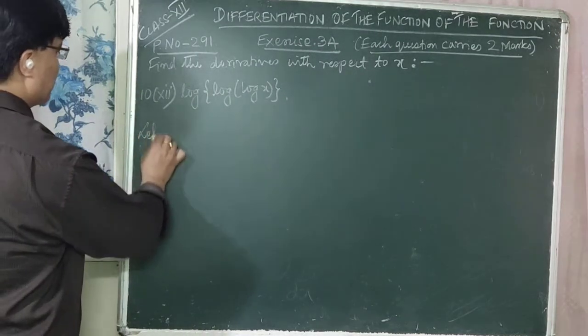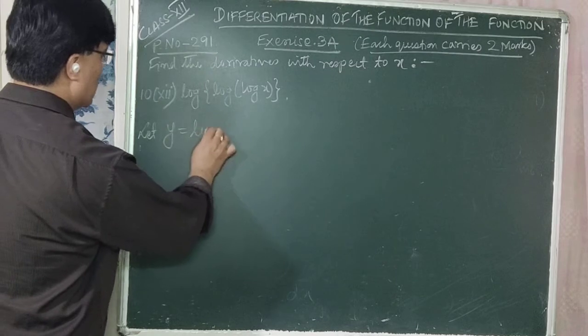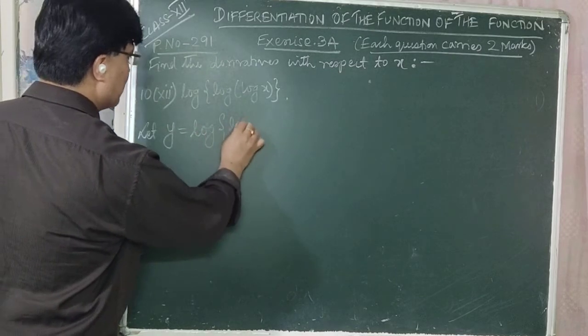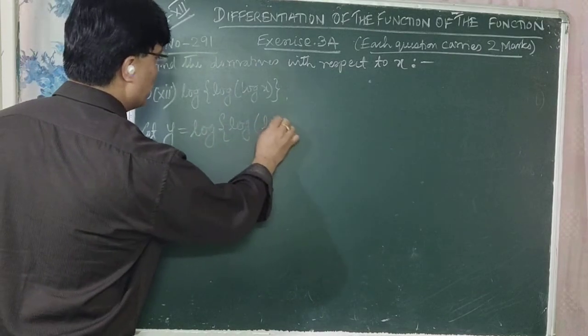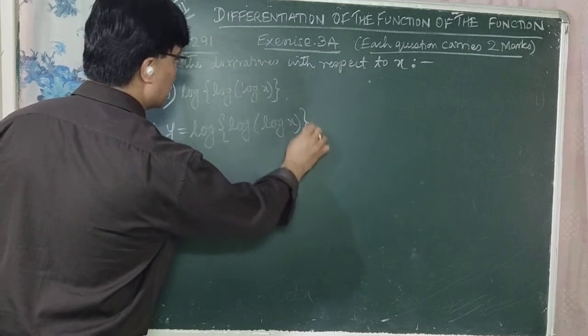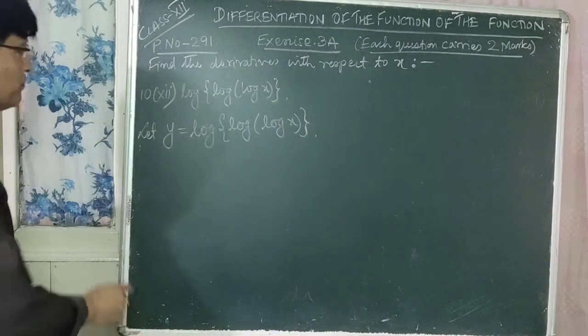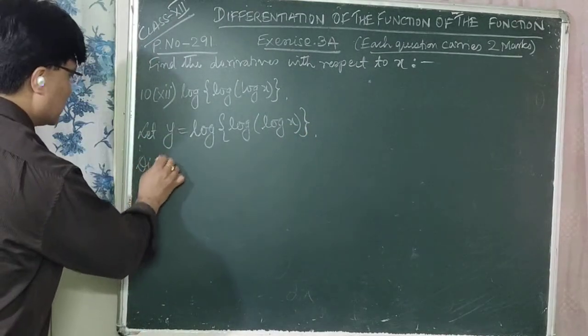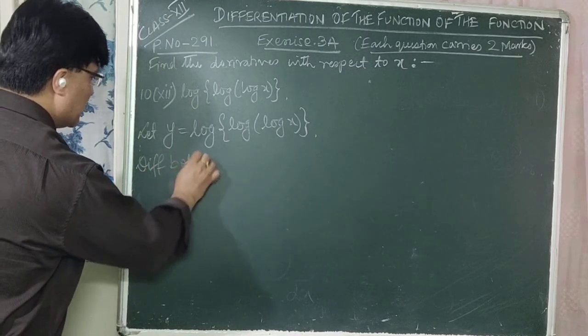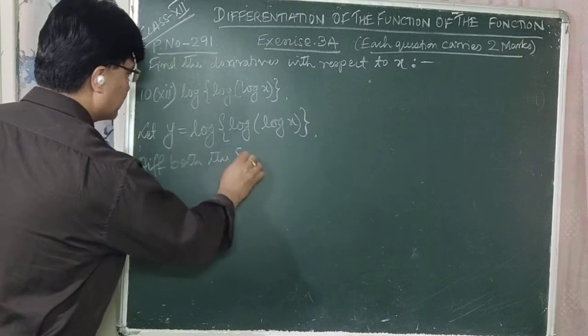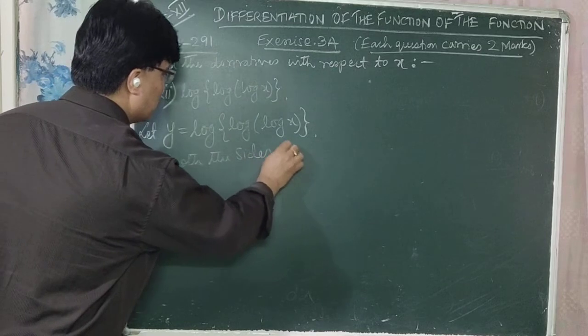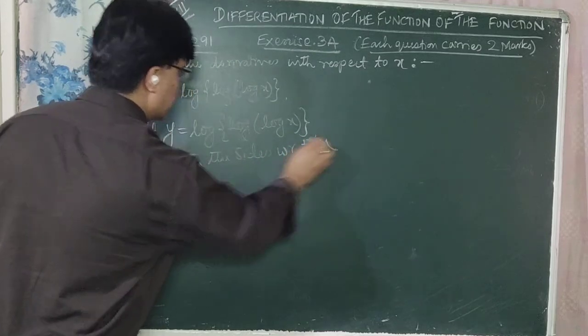So let y is equal to log, within second bracket log, within first bracket log x, first bracket closed, second bracket closed. So let us differentiate it, differentiating both the sides with respect to x.